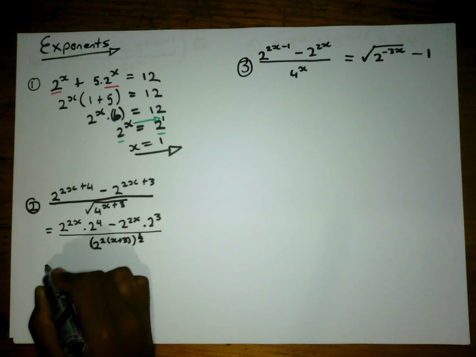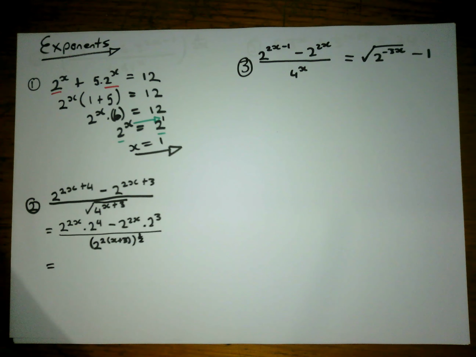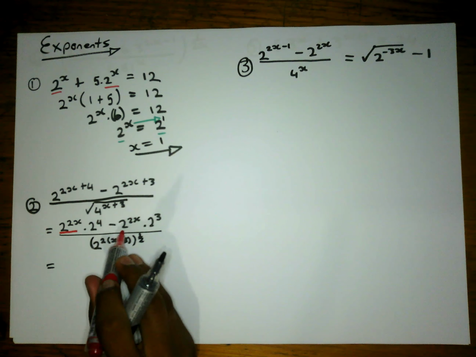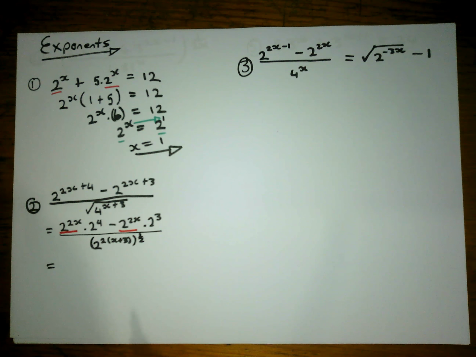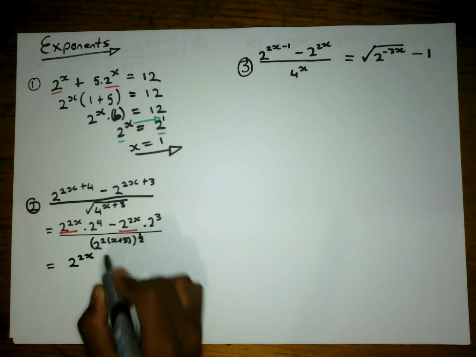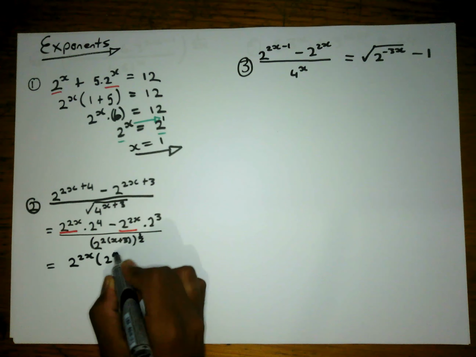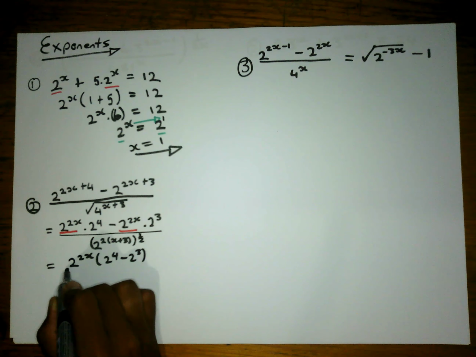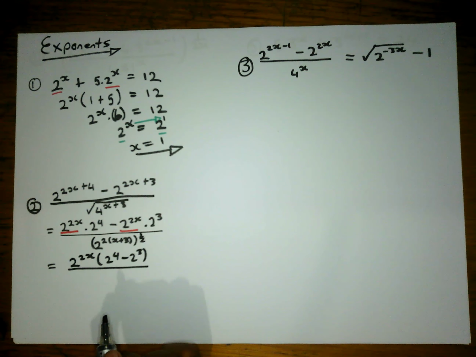Next, again, we're going to simplify a bit more by factorizing out a 2 to the power of 2x. So it's going to look like this. 2 to the power of 2x. We are left with 2 to the power of 4 minus 2 to the power of 3 over.